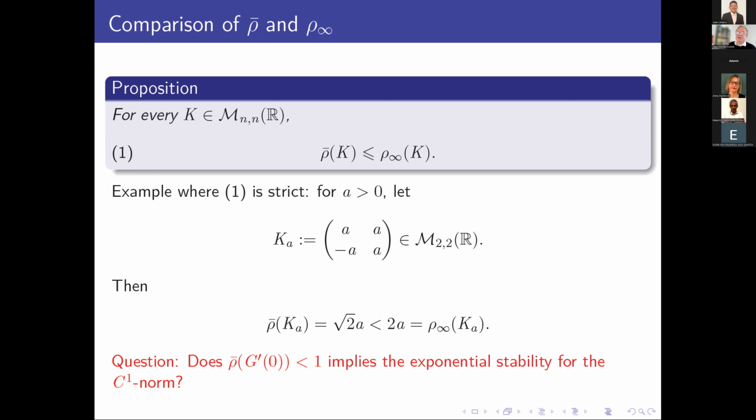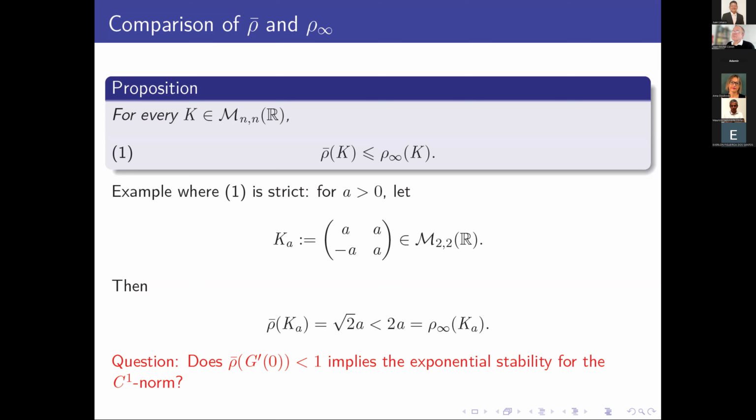So for the linear system, the condition is a is less than 1 divided by square root of 2. And for the nonlinear system, you get a stronger sufficient condition, which is that a is less than 1 divided by 2. So the question is: can we improve this sufficient condition by requiring that rho bar of g prime of 0 is less than 1, which is a weaker condition?